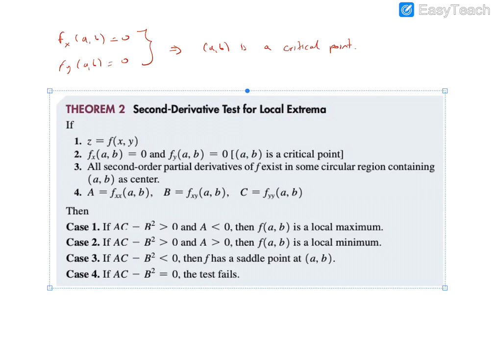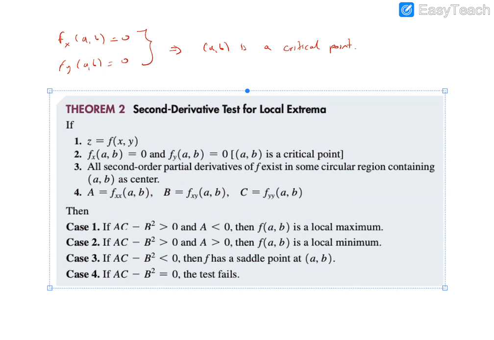So if z is a two variable function in terms of x and y, and the partial derivatives of f with respect to x and with respect to y are 0, that means (a, b) is a critical point.